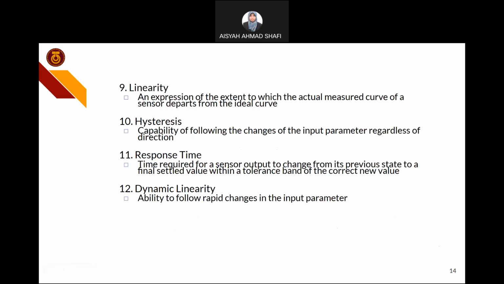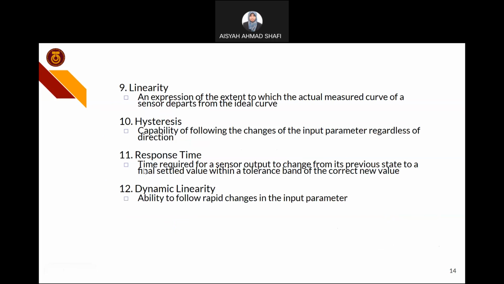And hysteresis is the capability of following changes of the input parameter regardless of the direction. And response time is the time required for a sensor output to change from its previous state to a final settled value within a tolerance band of the correct new value.